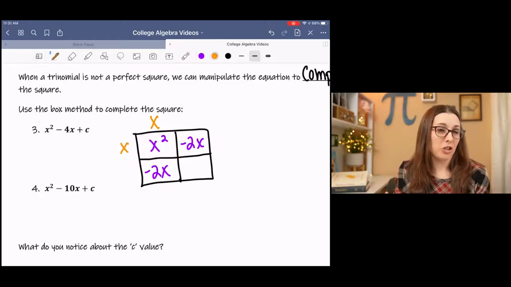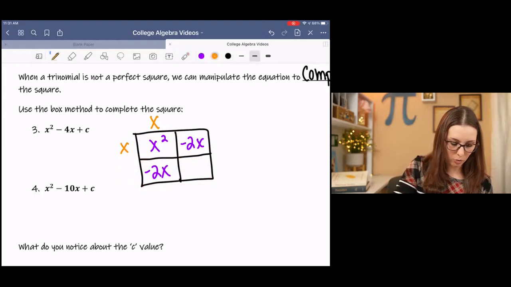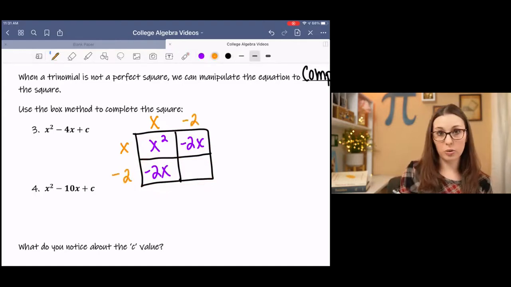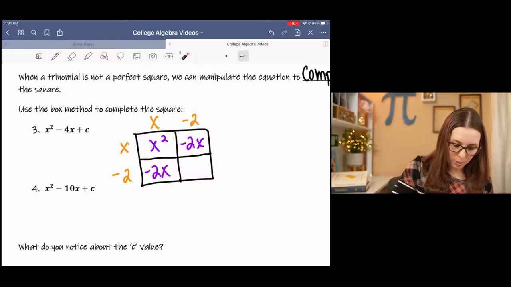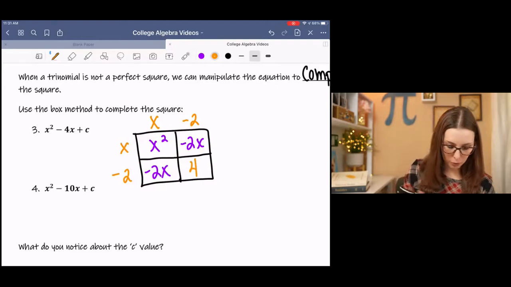And then if I were to guess about the GCF of this row, I would guess -2 and -2. And then the product of those is 4. So the missing piece is 4.